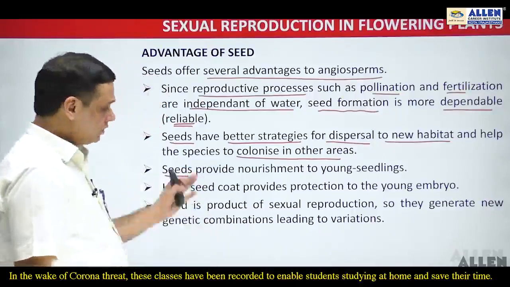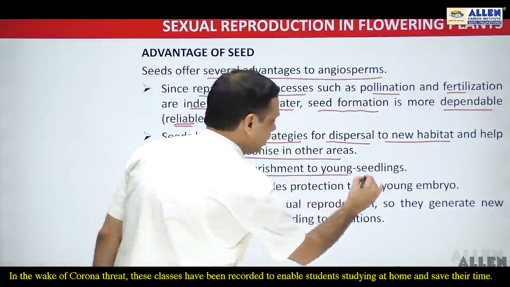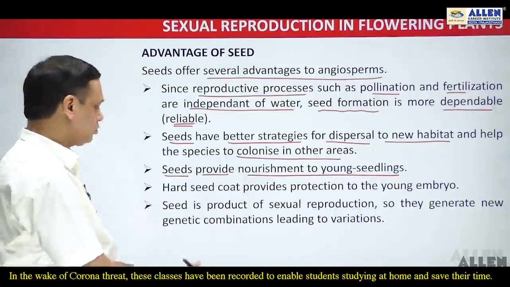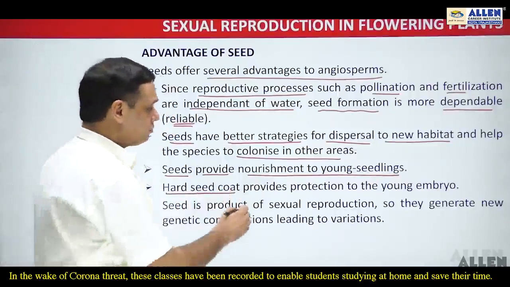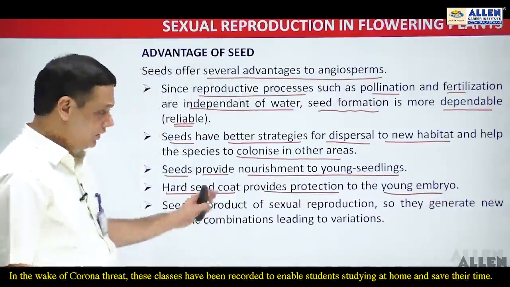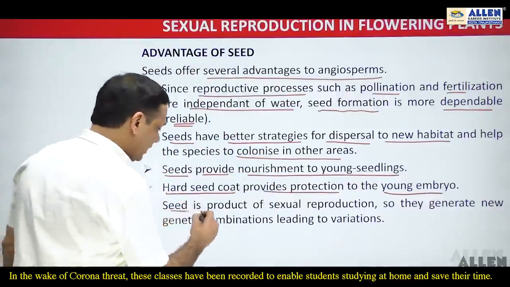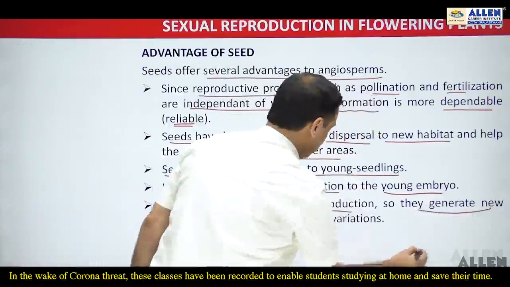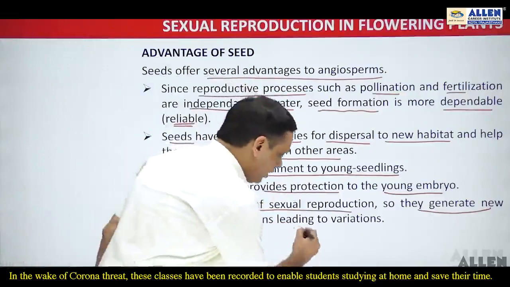Other advantages of the seeds are that they provide nourishment to the young seedlings. This is also another advantage of seeds in the case of angiosperms. The hard seed coat which is present in the seed provides protection to the young embryo. Seed is the product of sexual reproduction, so it generates new genetic combinations which lead to variation.